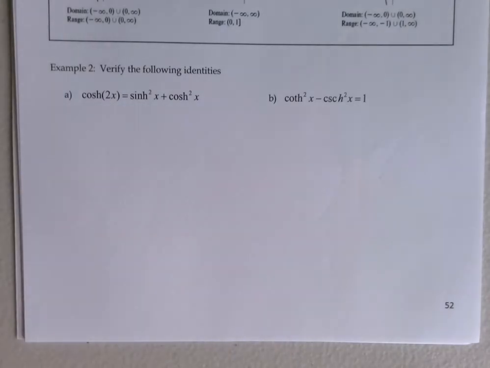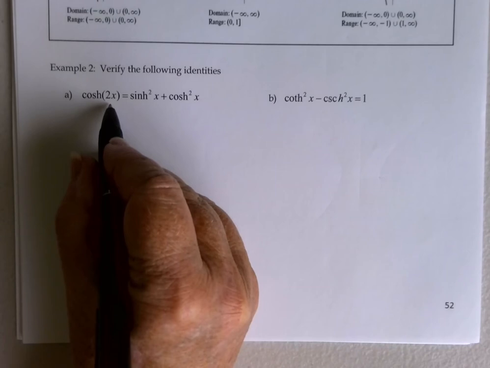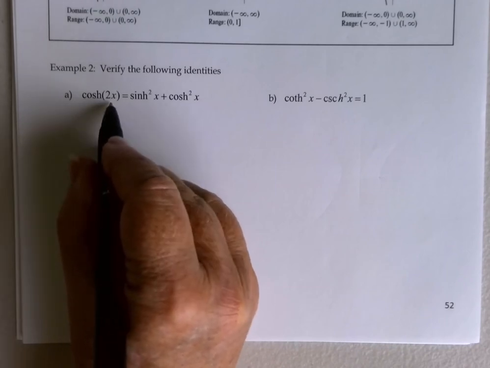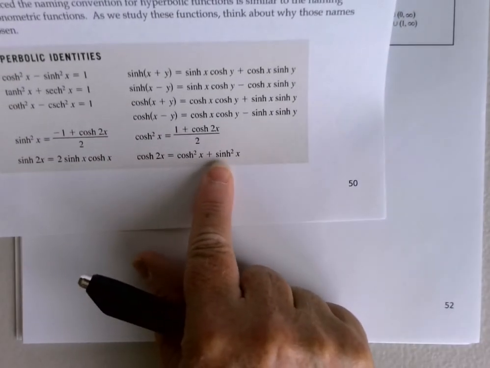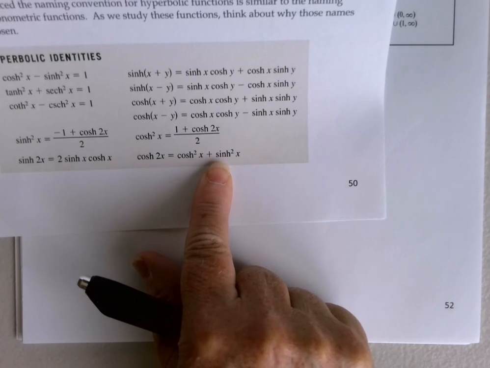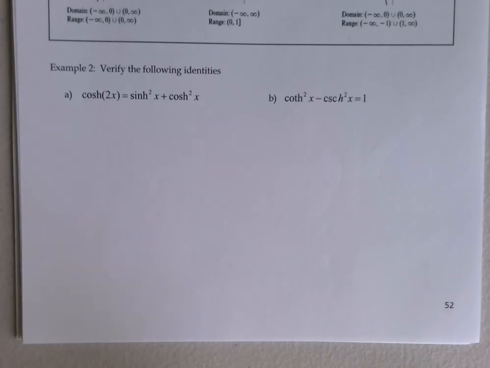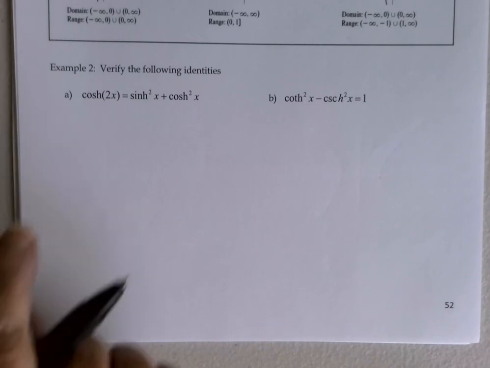So, first of all, in this first identity, I have the hyperbolic cosine of 2x. Probably a good idea just to go ahead and substitute that for it right there. Oh, wait a minute. Then I'm already there. Maybe I did want us to go back to the beginning. I'm sorry. I did want us to go back to the beginning. Otherwise, I think we are too quick here. Let's go ahead and do that.